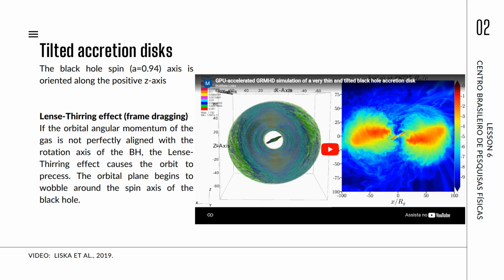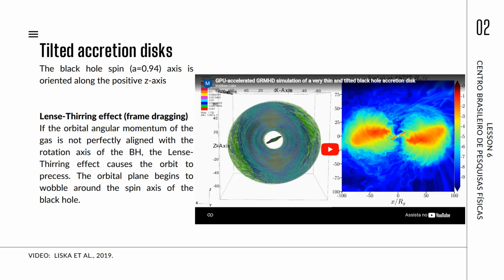This is part of the group of Professor Sasha Tchekhovskoy. And in this simulation, we have a black hole with the spin axis in the vertical, rotating at 0.94. The maximum rotation, this is the dimensionless rotation, is 1, okay? So this is almost at maximum rotation.